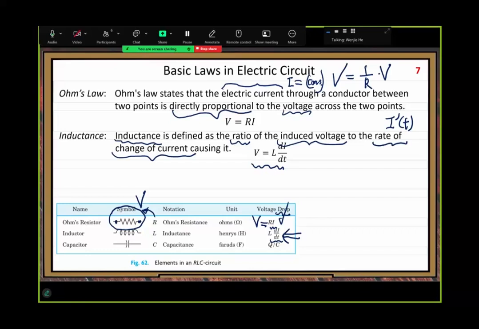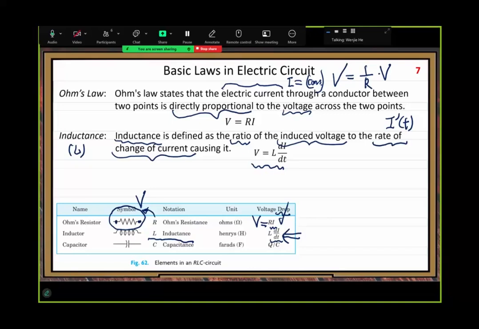But what is L, right? So this statement tells us what L is. L is the notation for inductance.